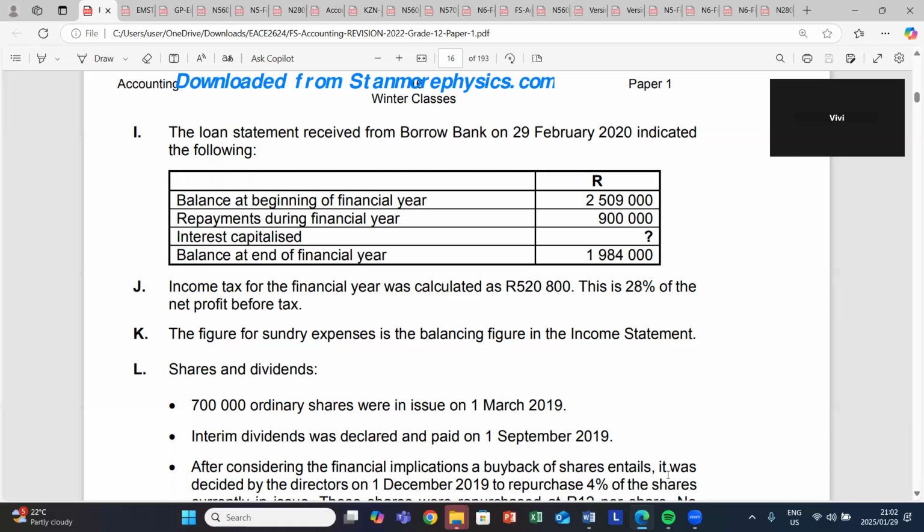That's correct. For us to get balance at the end, we know that we start with balance at the beginning minus repayment plus interest. So when we start from the bottom going upward, we do vice versa.